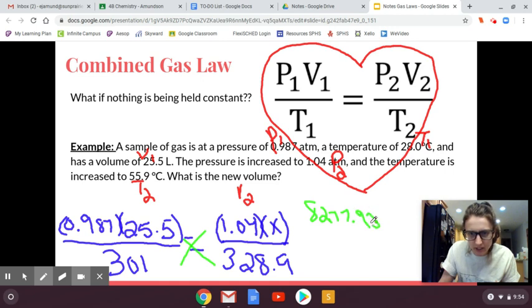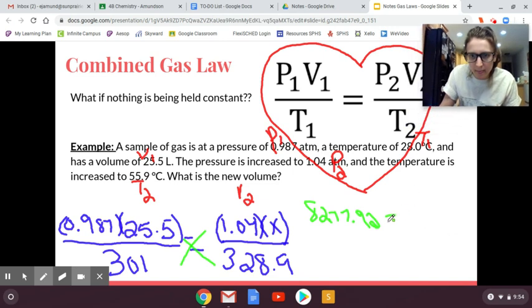I did round a little bit there, that's okay. That will be equal to the other cross going this way: 301 times 1.04 times x. That should be 313.04 times x.